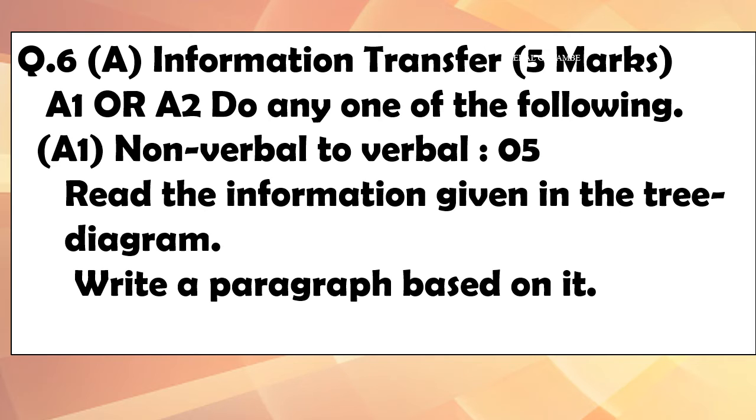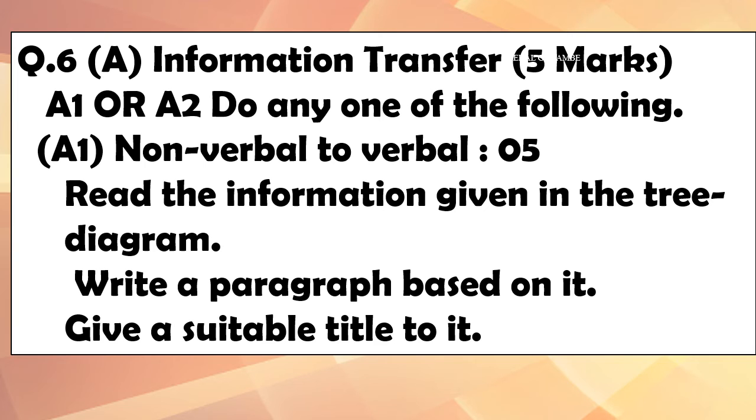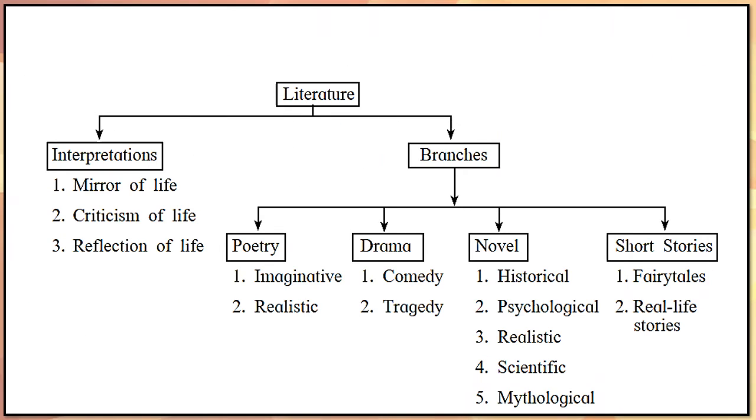Okay, so here non-verbal information we have to convert into the verbal form, and then you have to give a suitable title to that, and there is a space provided to you for this. See, this is the question. It is given in the tree diagram format, and you have to convert it into the paragraph.